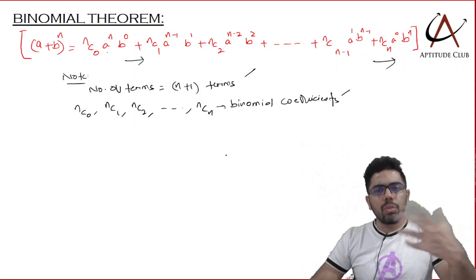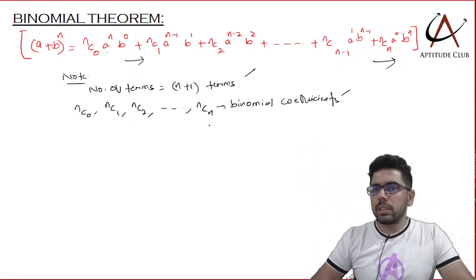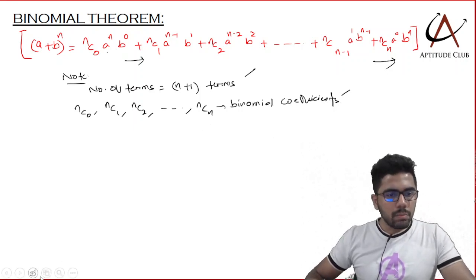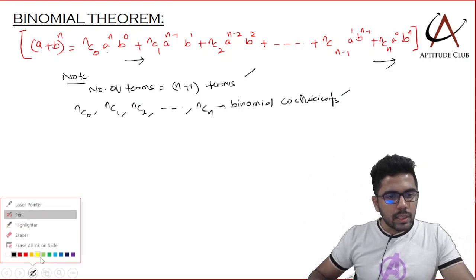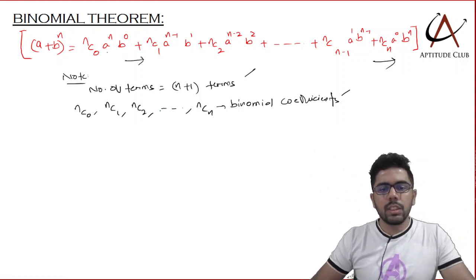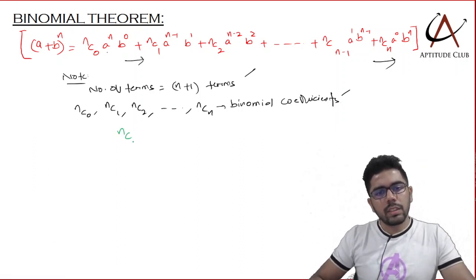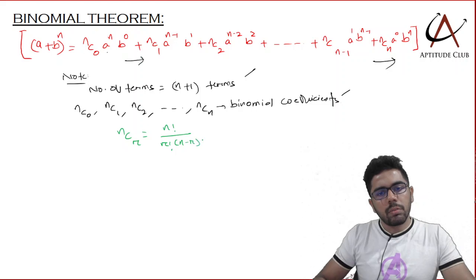Now maybe a few of you would not be familiar with these binomial coefficients. So for them, let me write this, that this nc0 या nc1 या ncn. So in general ncr, I can expand it as n factorial by r factorial into n minus r factorial.